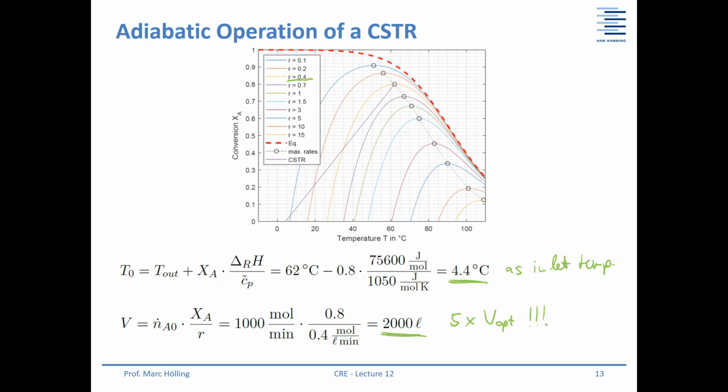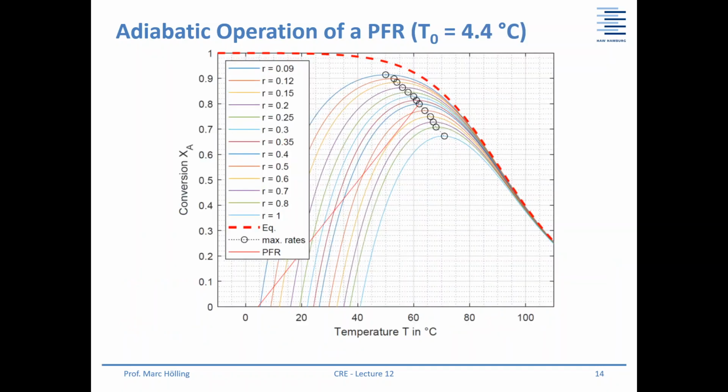So with a good temperature control, you can really minimize your reactor size. Okay, this was for the continuously stirred tank reactor. Next question is, what would be the size of a plug flow reactor with adiabatic operation? And here we start with a bad choice.